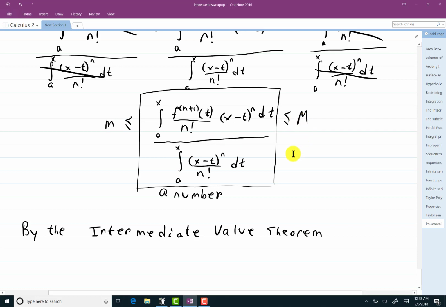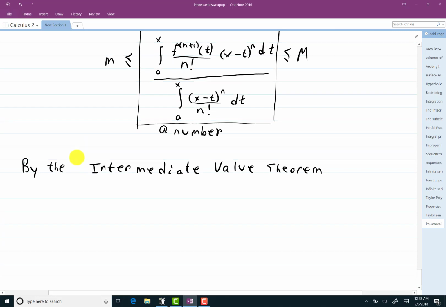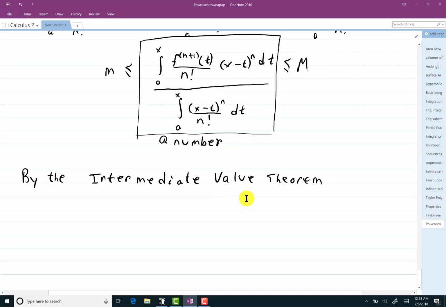By the intermediate value theorem, f to the n plus 1 will assume every value between m and M on the interval from a to x. So if there's a value between m and M, there is a number c, and remember, a is less than c is less than x, with f to the n plus 1 of c equals this number here.